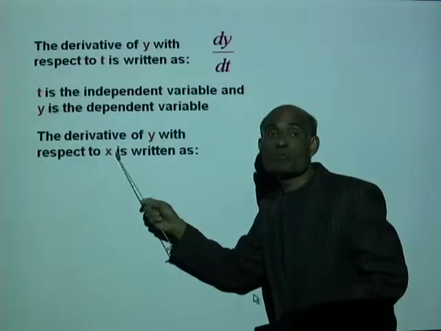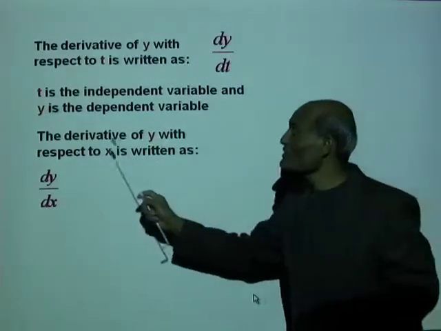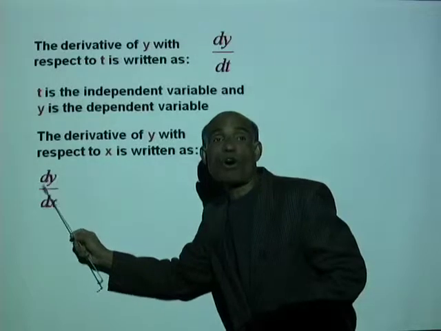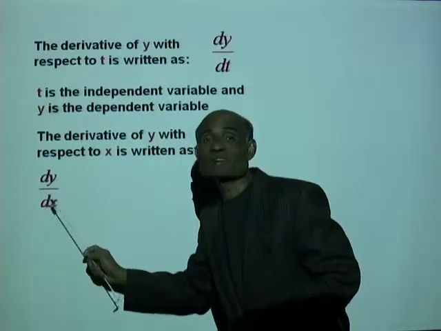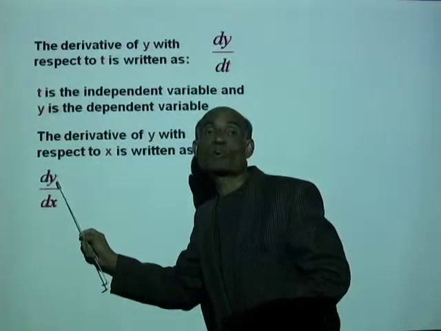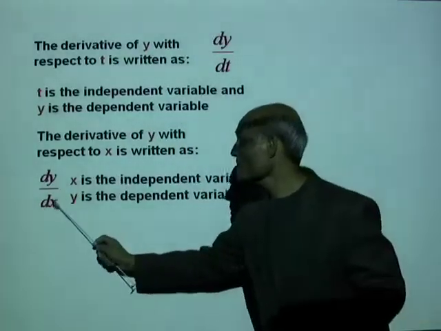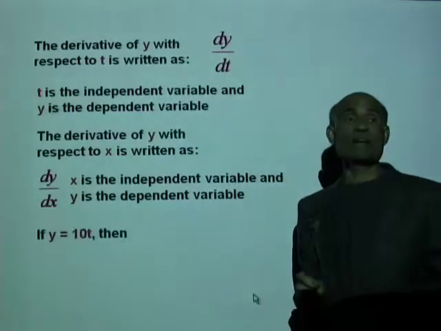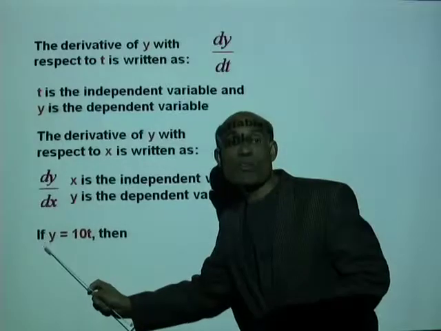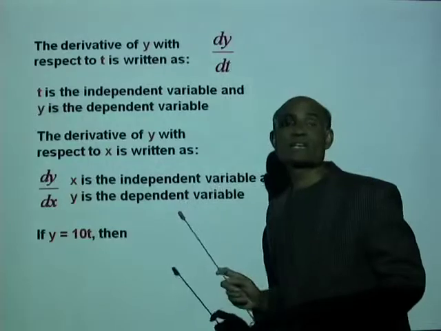If x is the independent variable and y is the dependent variable, the derivative will be written as dy by dx, the derivative of y with respect to x, d by dx of y, the rate of change of y with respect to x. So x is here the independent variable and y is the dependent variable. Alright, if y equal to 10t, then what is dy by dt?